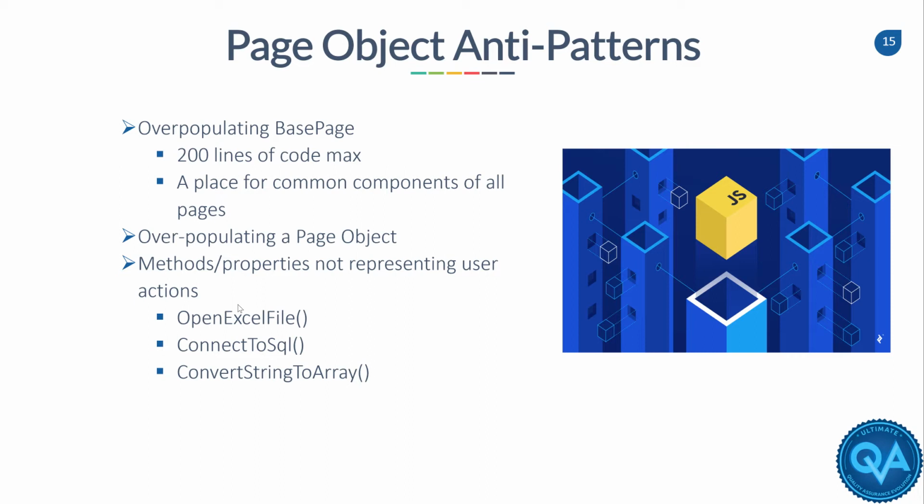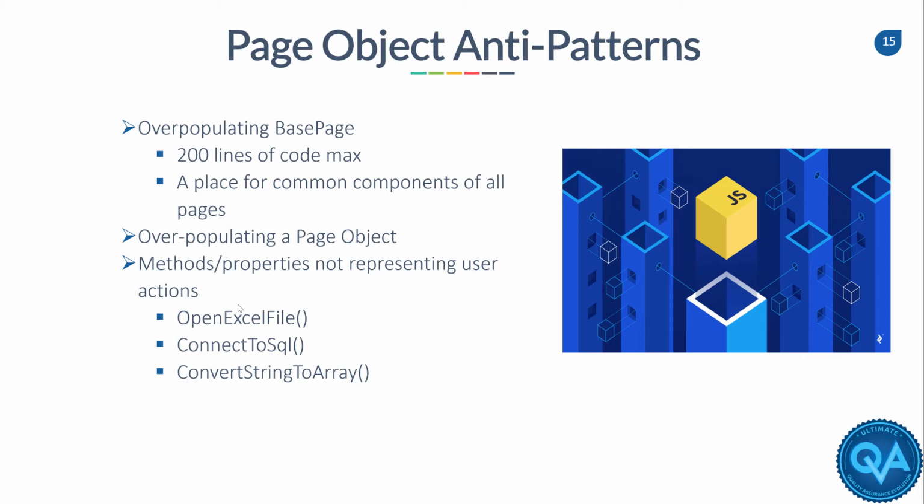You can also add maybe some JavaScript methods into your base page object, or common components of all the pages. And again, I like to give you rules of thumb and practical, applicable information that you can take home right now and start applying.